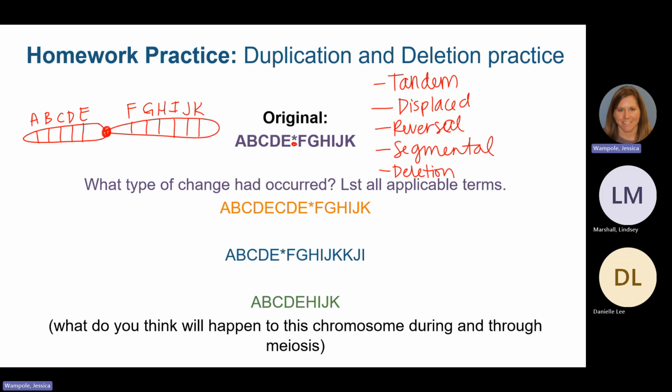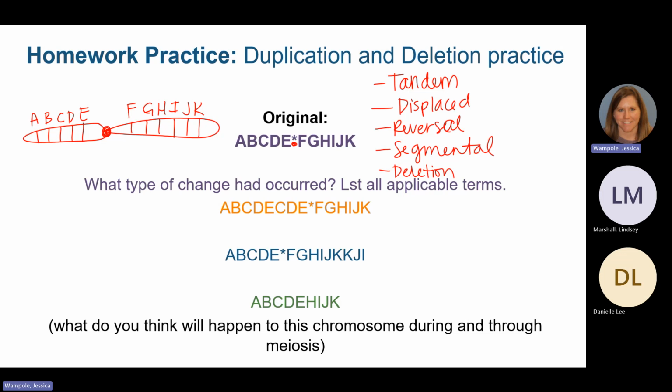And then we've got segmental. Now segmental basically just means it's a big chunk. So you won't really see that represented in these just because you have no way of really knowing how many base pairs. I believe it was defined as more than 1,000 base pairs. So you won't be able to sort of see that in this list.